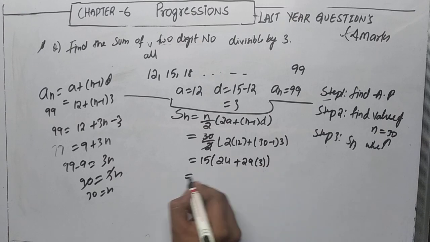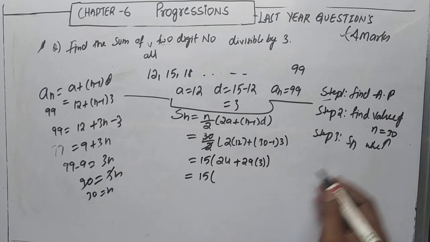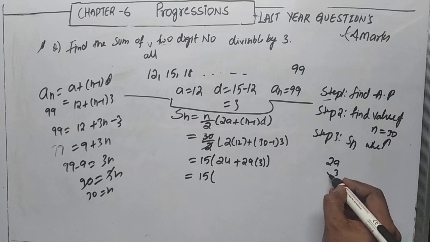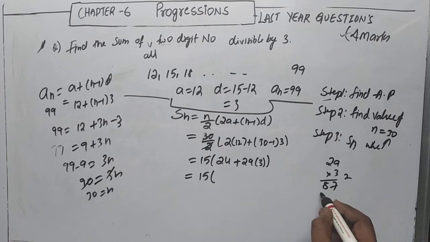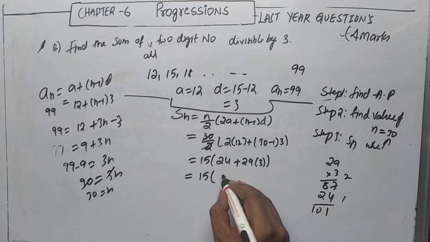Multiplying 29 into 3: 9 3s are 27, carry 2, 3 2s are 6 plus 2 is 8, so 87. Adding 24, we get 111.